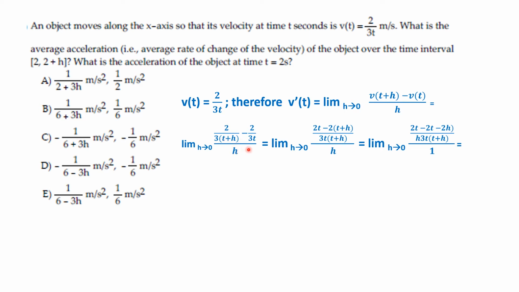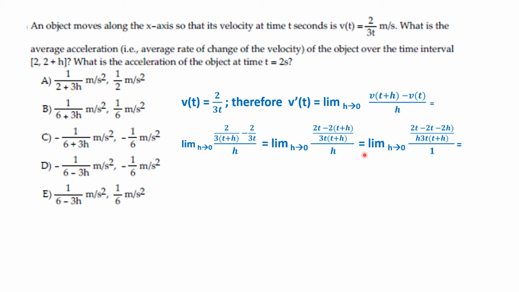And this is equal to the limit as h approaches 0. If we have a common denominator for these two, that will be 3t multiplied by t plus h, and then we will get 2t minus 2 multiplied by t plus h. And of course, this is divided by h all total.